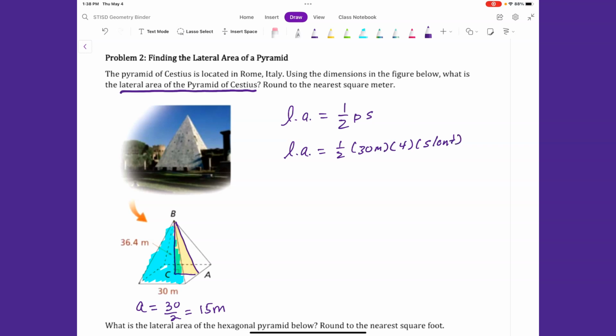The problem is we don't have the slant height. This is the slant height. We do know that the apothem is 1/2 of 30, and I figured it out right here. That is the apothem. And we know that the height of the pyramid is 36.4. So to find the slant height, we're going to use the Pythagorean theorem. So I'm going to write the Pythagorean theorem.